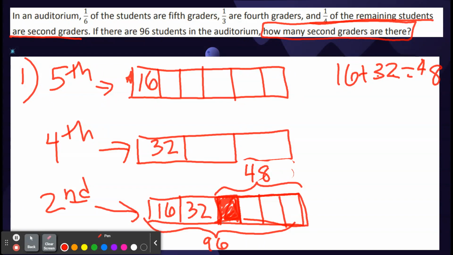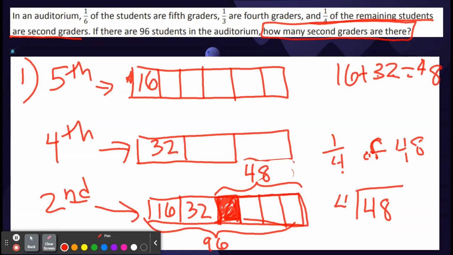So I can take the remaining students, which is 48, and find 1/4 of 48, or I can divide 48 by 4. So 40 divided into 4 groups is going to give me 10. It's going to be 0 left over because I used all 4 tens.